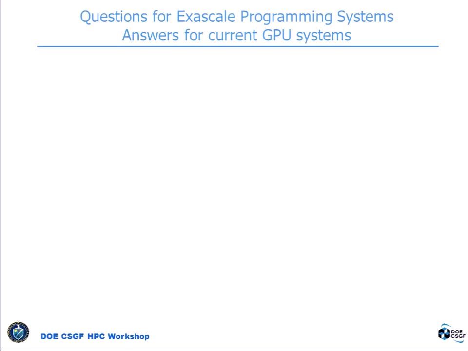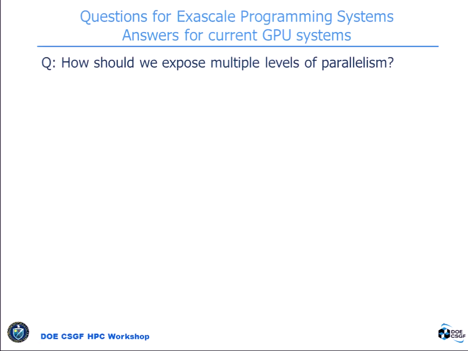So let's again back up and just think about GPUs and look at the questions. How should we expose multiple levels of parallelism? Well, right now in GPU world, it's mostly explicit. You don't get a lot of free lunches when you program a GPU today.